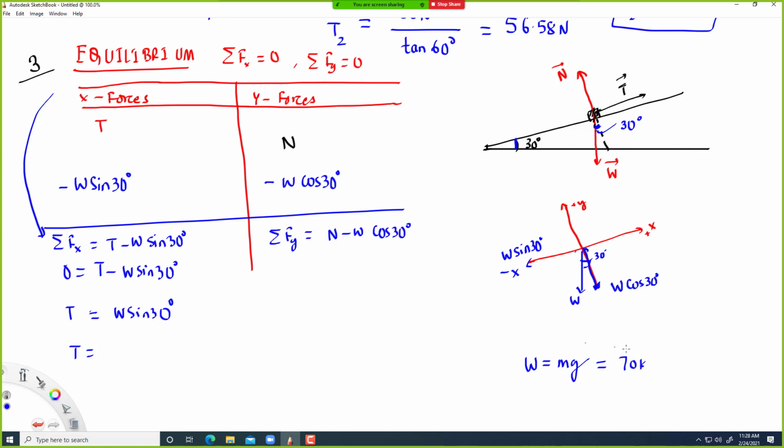So weight is mass times G, sine 30 degrees: 70 kilogram, G is 9.8, and sine 30 degrees. If you do that, you get the answer. It should be about 686 Newton, and if you use the right significant figure, it will be 700 Newton.